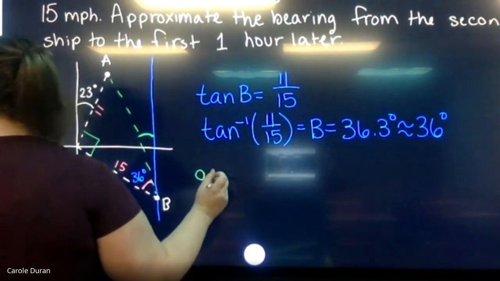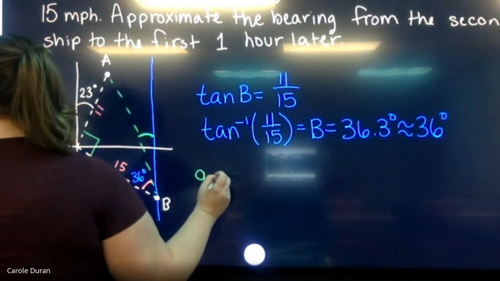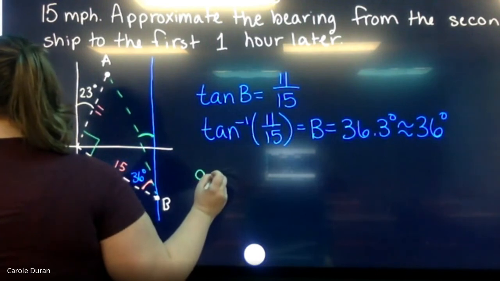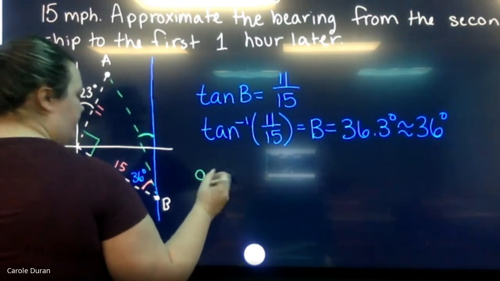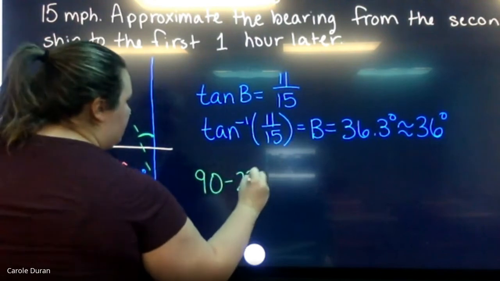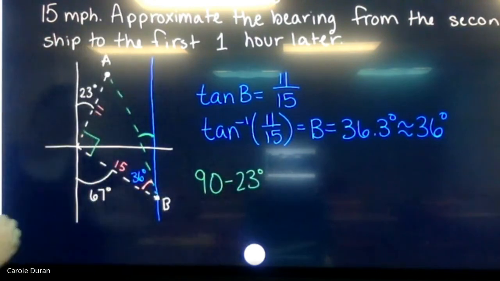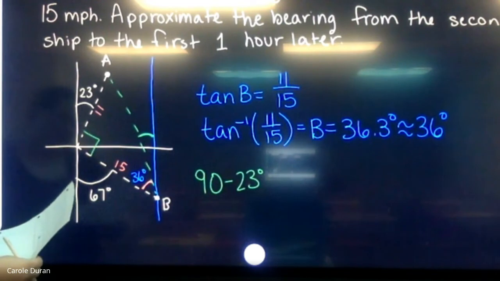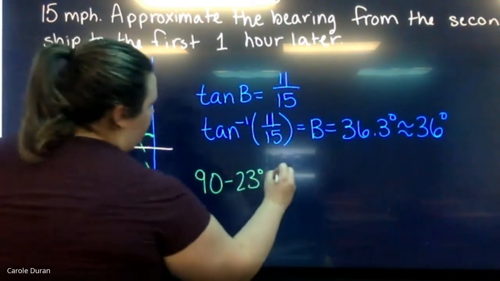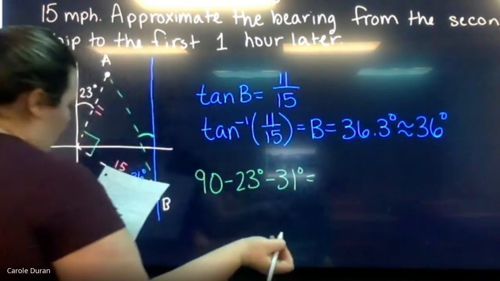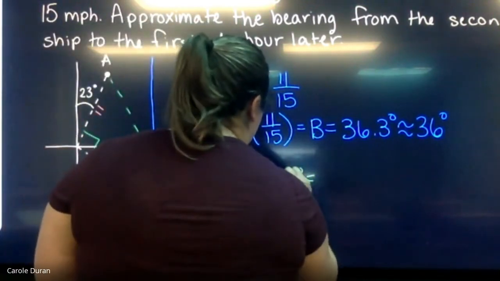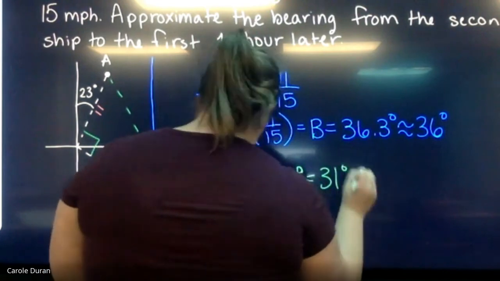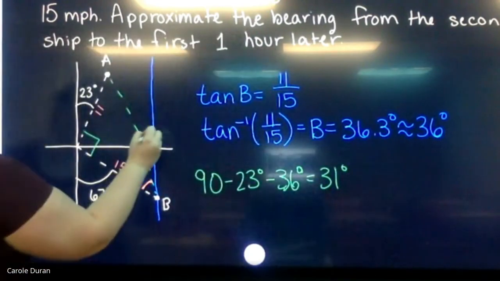So I'm going to do 90 minus 23 degrees, and then minus 36 degrees. And that's going to give me 31 degrees, which is going to be this difference right here.